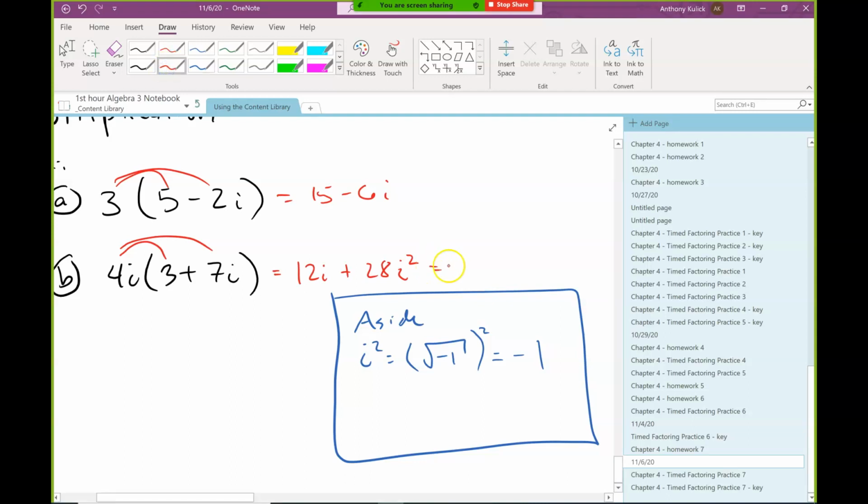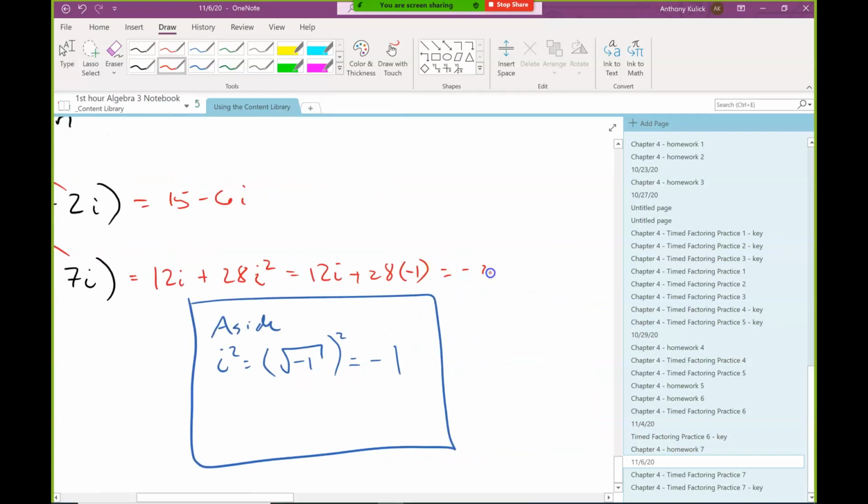So in this problem, I can replace that i squared with negative 1. And really this becomes negative 28 plus 12i.